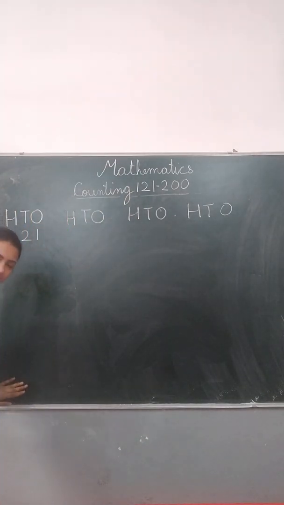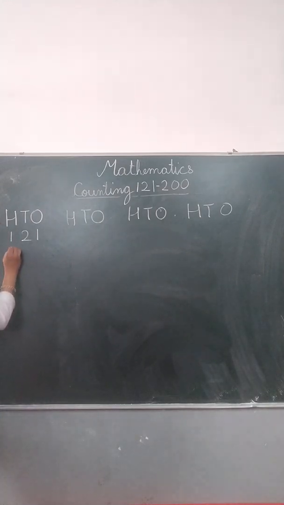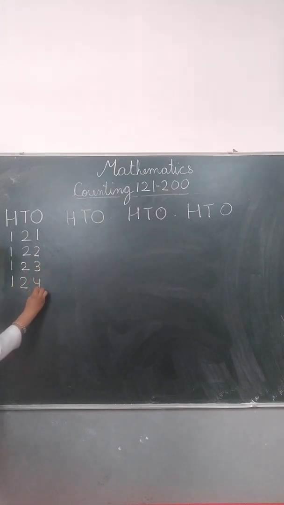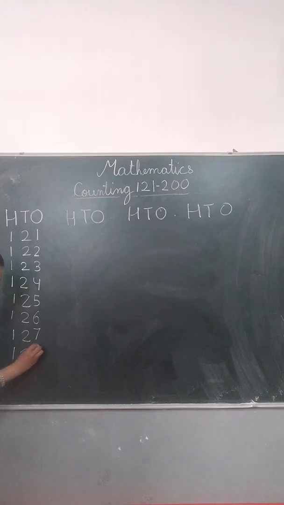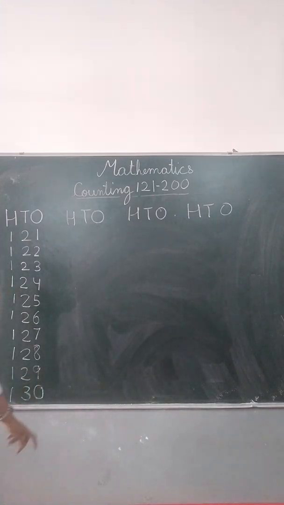Now I will continue writing this line: 122, 123, 124, 125, 126, 127, 128, 129, and the last one, 130. You all can see that I have stopped on this number 130.